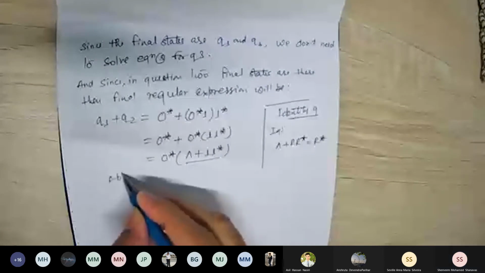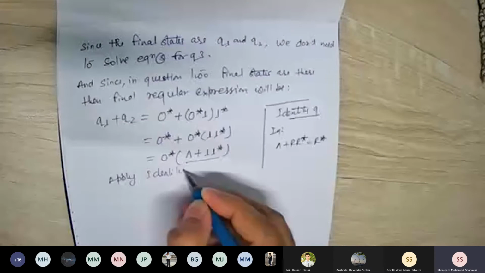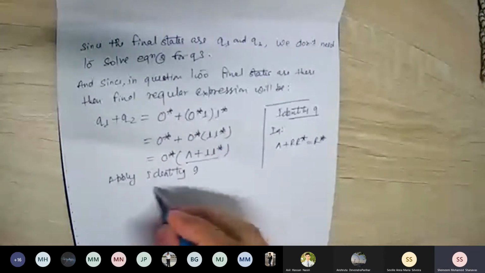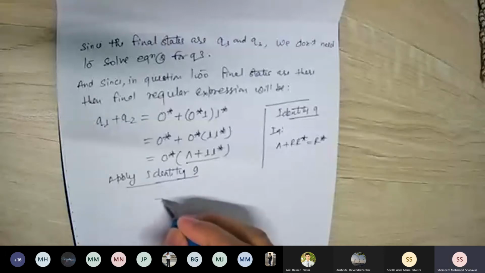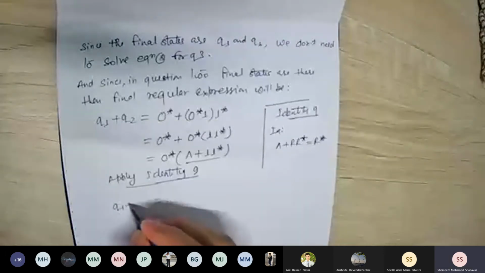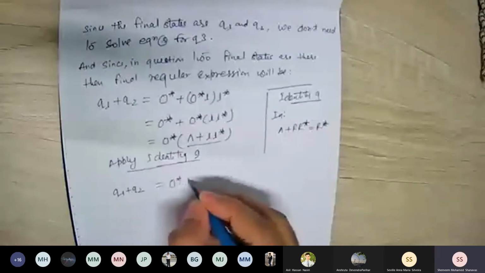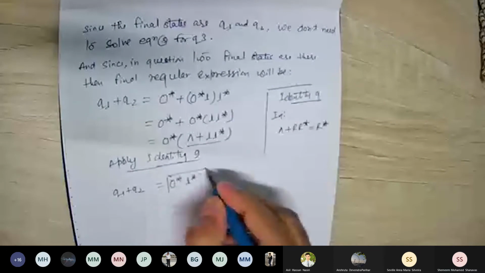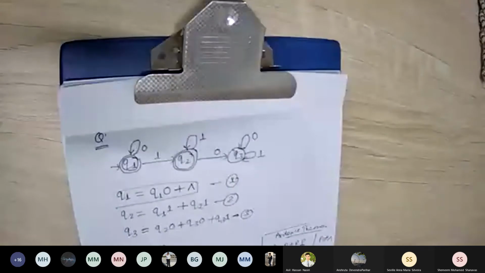So apply identity 9. So what will you get? 0 star 1 star. Q1 plus Q2 equals 0 star 1 star. So this will be your regular expression finally for the given DFA.